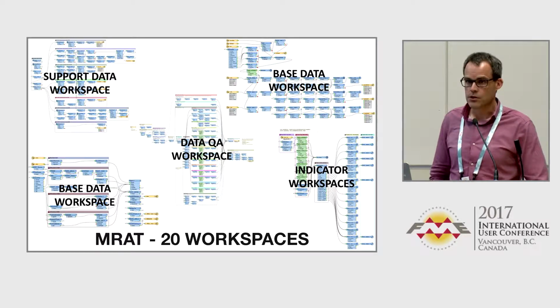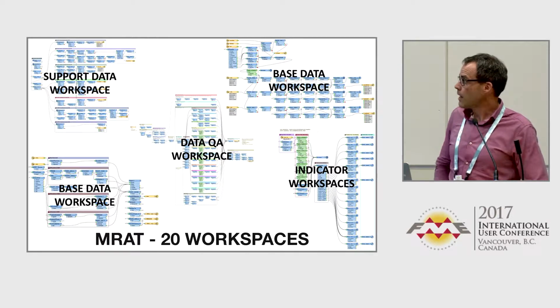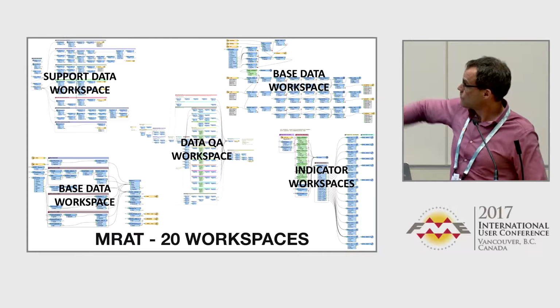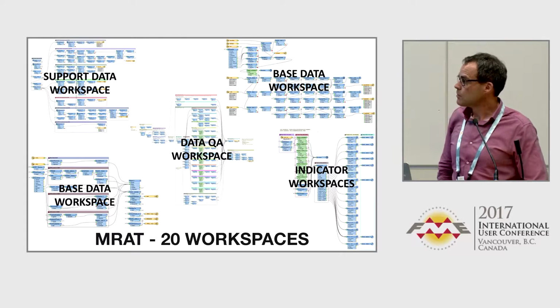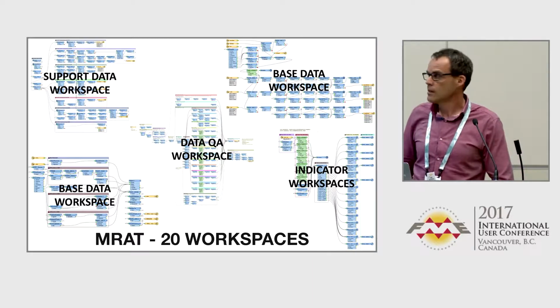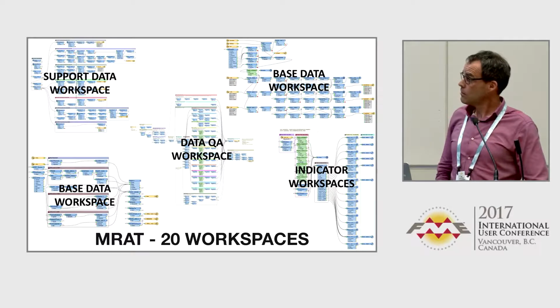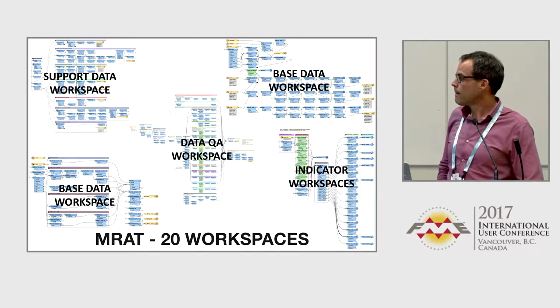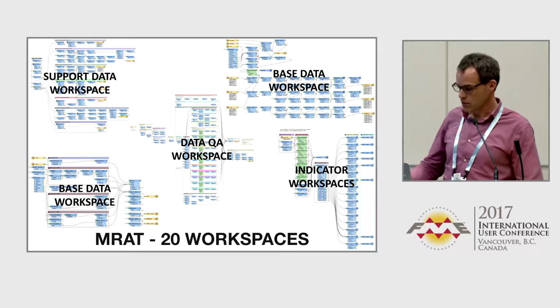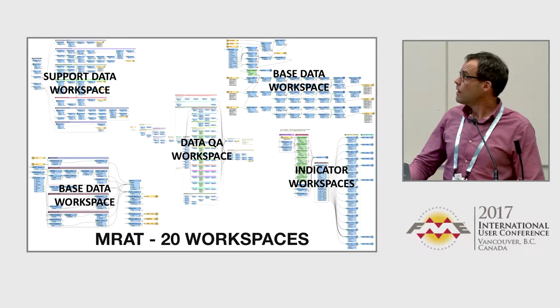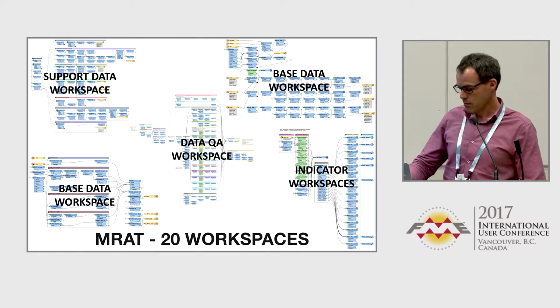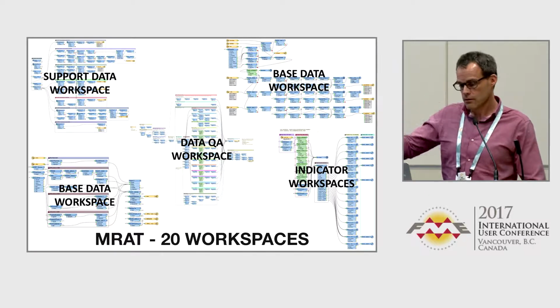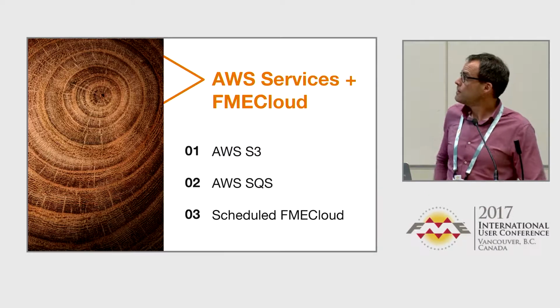We developed it for the insurance industry. Over on the bottom right, there's a bunch of indicator workspaces, and in this case there are actually 12 of them, depending on the data coming into this pipeline. So I think there alone is like 20 workspaces. And how do you then run them consecutively? How do you orchestrate how that is run?